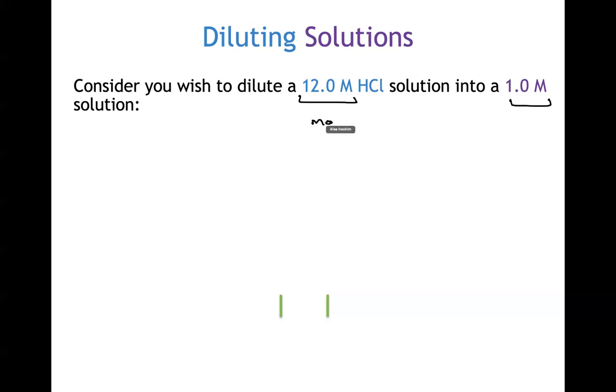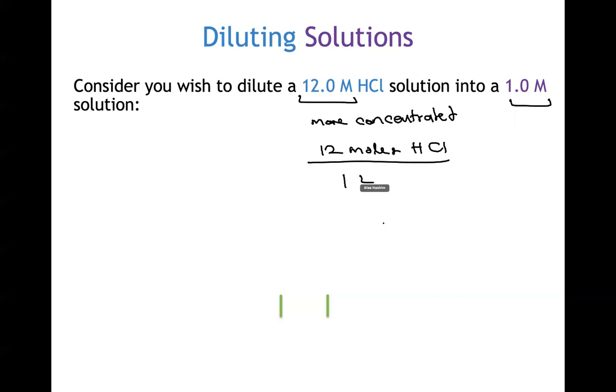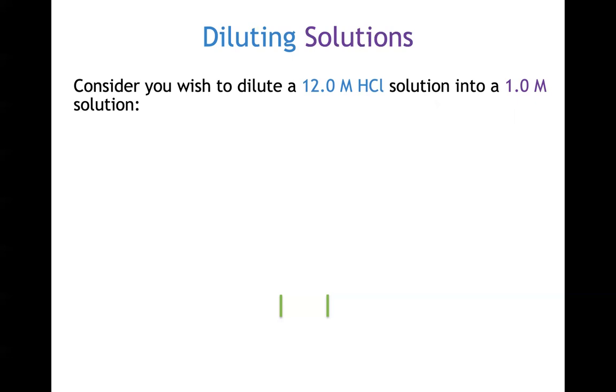Yeah, this one is more concentrated. Think of it that you have 12 moles of hydrochloric acid in 1 liter of solution, whereas in this case, you only have 1 mole of hydrochloric acid in 1 liter of solution. So you have more solute in the 12 molar solution.